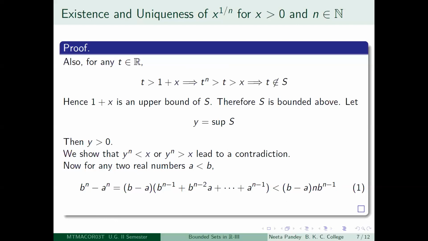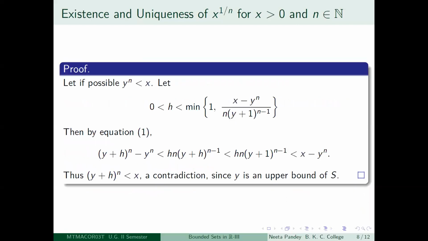So how are we going to prove it? First of all, you assume that y to the power n is less than x. Then we will be able to show that we can increase y a little bit, so that y plus something to the power n will also be less than x.